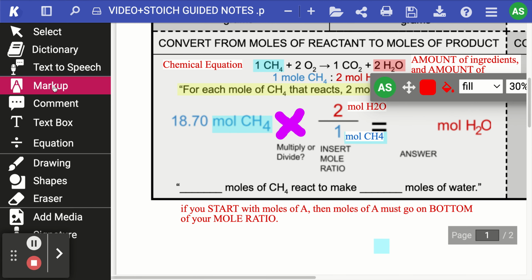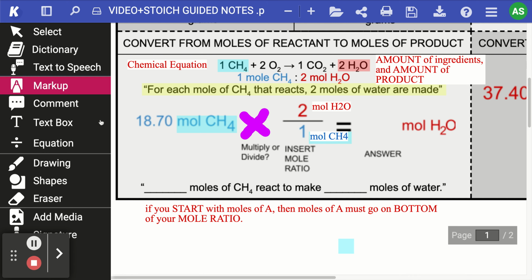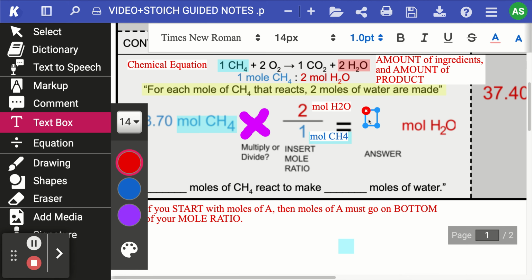That tells me that if I have 18.70 moles of methane, and I'm going to make twice that amount of moles of water, how many moles of water is that? Okay, well, let me get out my calculator. It's going to be 18.70 times 2 divided by 1. 37.40 moles of water.